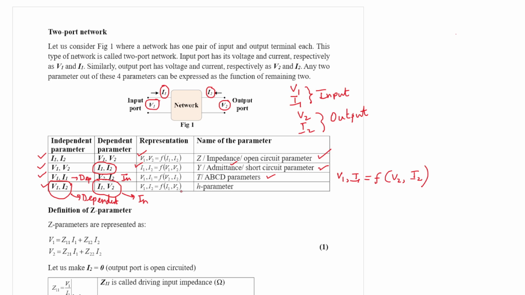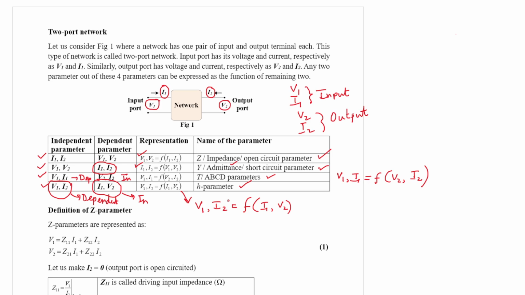Then this representation is written as V1, I2 as a function of I1, V2. So we are doing some mixing between input and output terminals. We pick any one from input and any one from output as dependent and the remaining two as independent. That is why it is called H parameter or hybrid parameter representation.